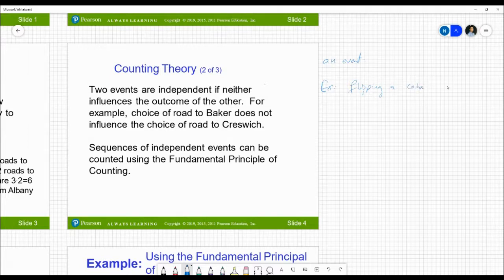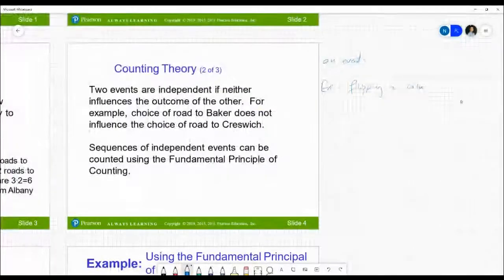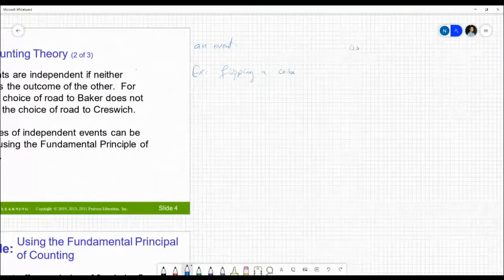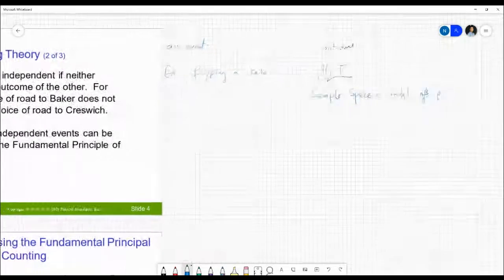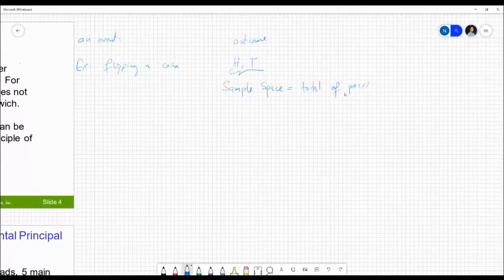The outcome of flipping a coin is heads or tails. We call this the sample space. The sample space is the total of possibilities, or all possible outcomes.